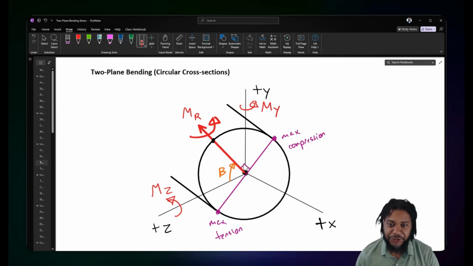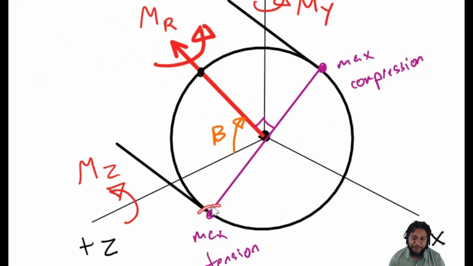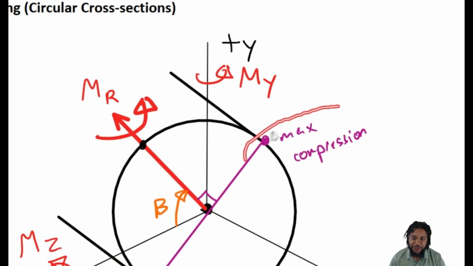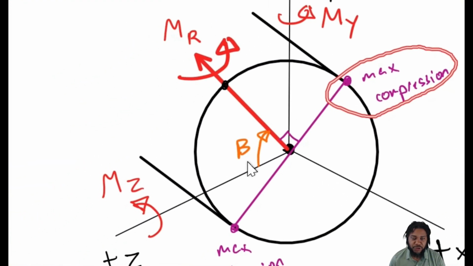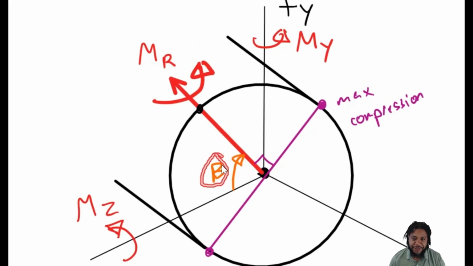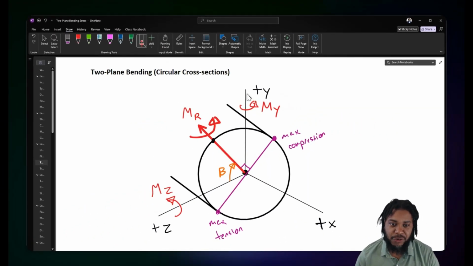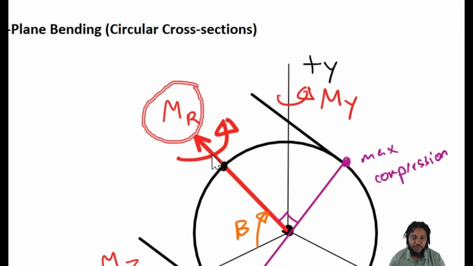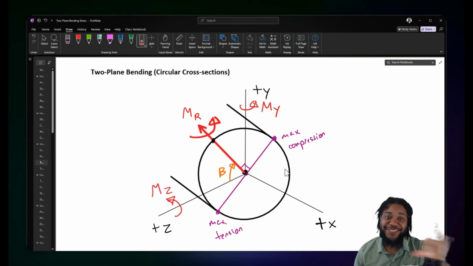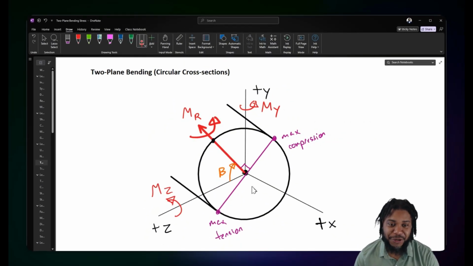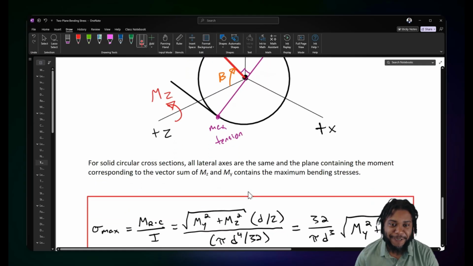Perpendicular to that vector, we'll find max tension and max compression. We'll also be able to find an angle beta, or an angle alpha, which is the angle between our axes y and z and the vector of the resultant moment, right? So we can move back to statics and sum those moments into a vector.